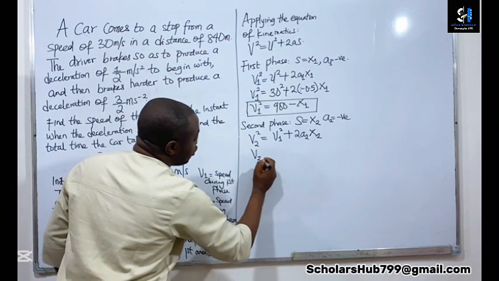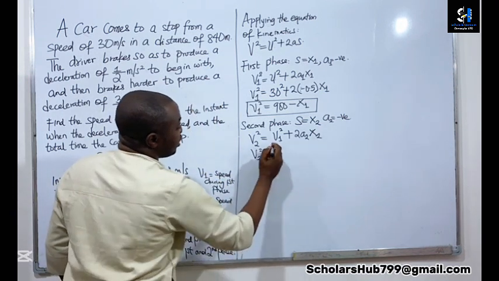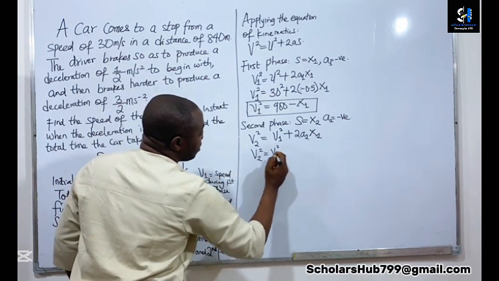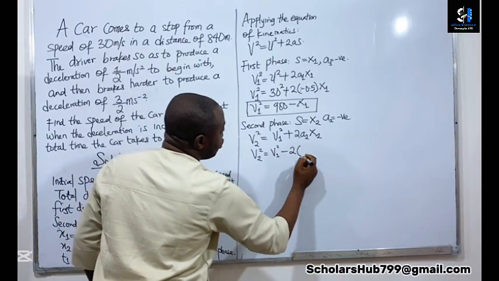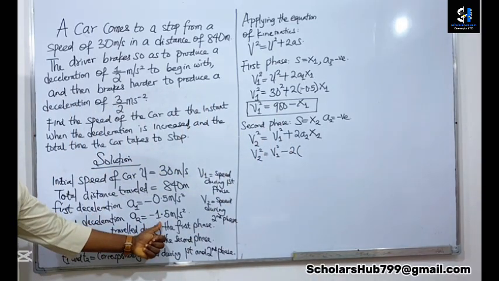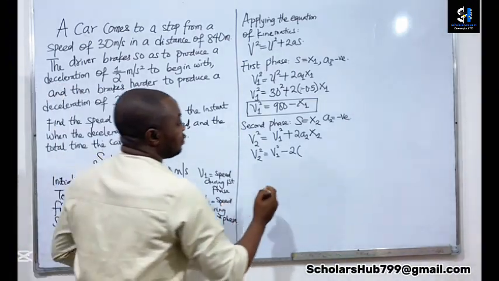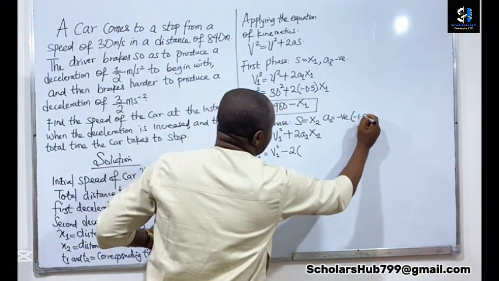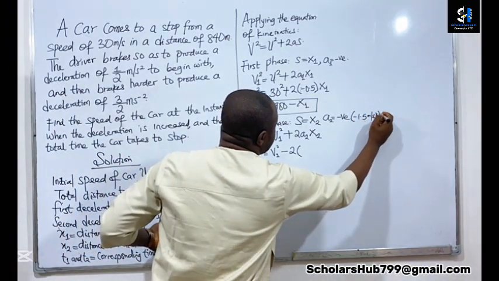So v2 squared will be equal to v1 squared minus 2 multiplied by the second deceleration, which is minus 1.5 meters per second squared.